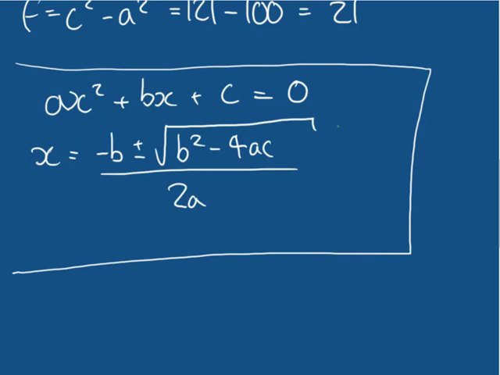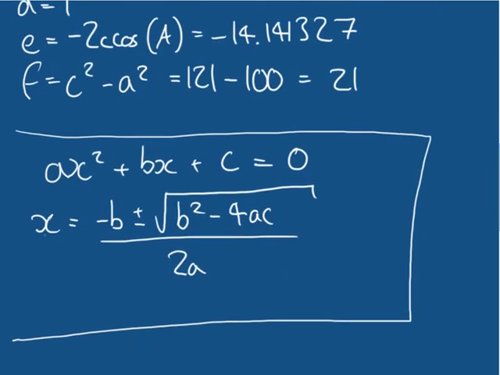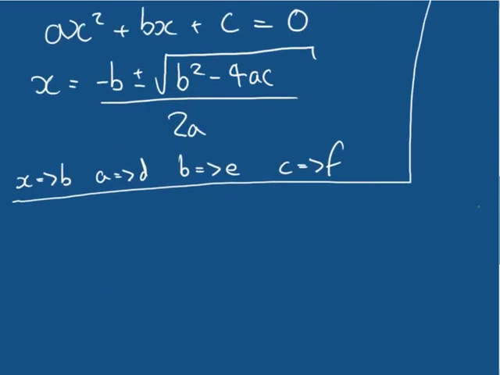But that's when we're dealing with solving for x and when our coefficients are a, b, and c. In our case, we are not solving for x. In our case, we are solving for b, and our coefficients are d, e, and f. So what does that mean for us? Well, it means that x needs to become b, a needs to become d, b needs to become e, and c needs to become f. So that means we're solving for not x, we're solving for b.